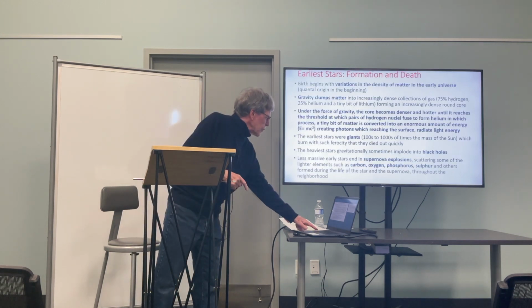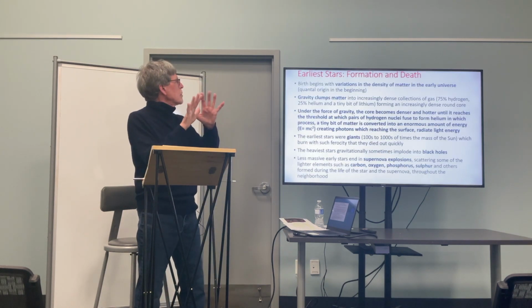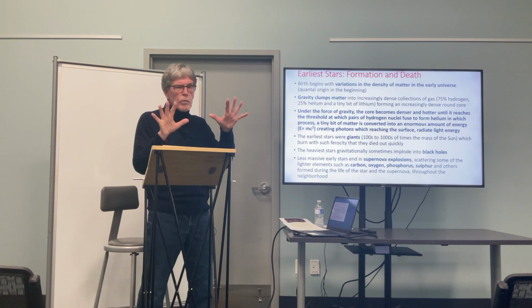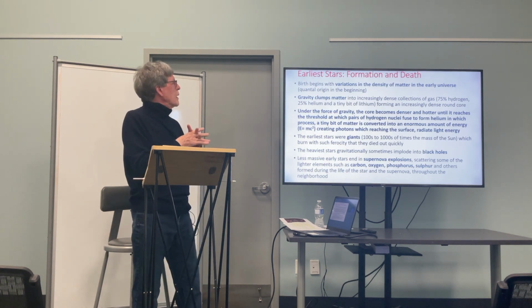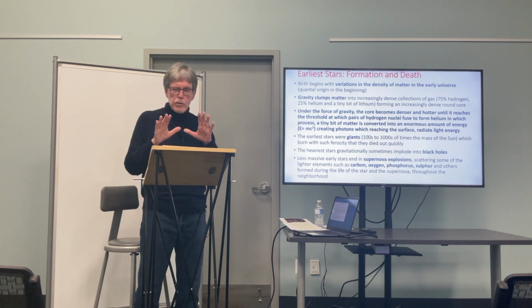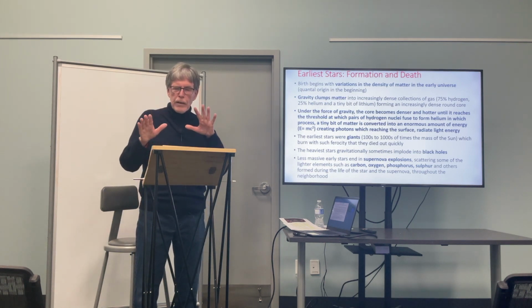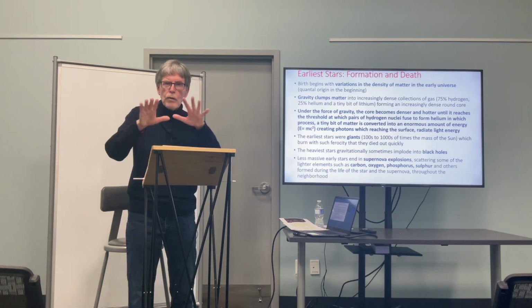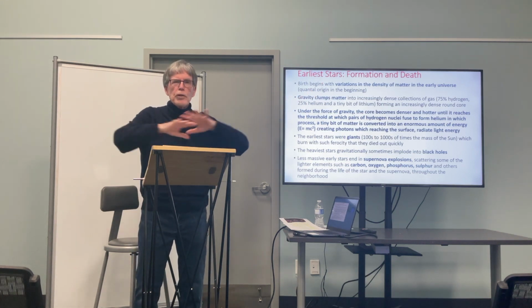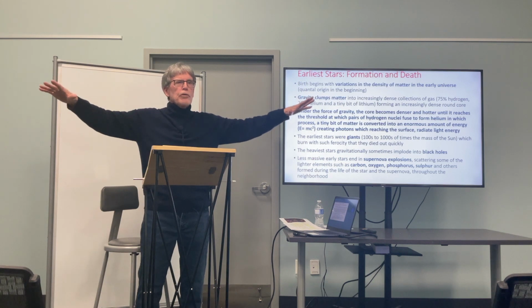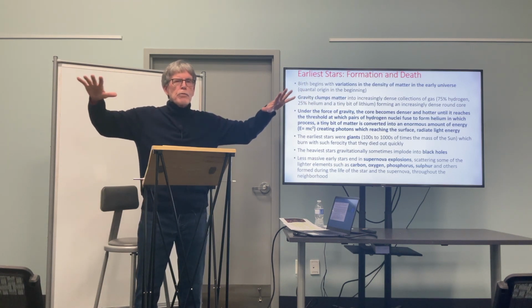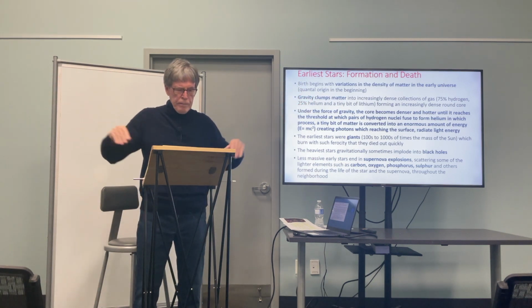So I'll just go on to this next one, because this is really, in a nutshell, how stars form. Birth begins with these variations in the density of matter in the early universe. I said it was quantum, suddenly spread throughout the universe, carried out. So in the macro world of the universe, those variations were retained.